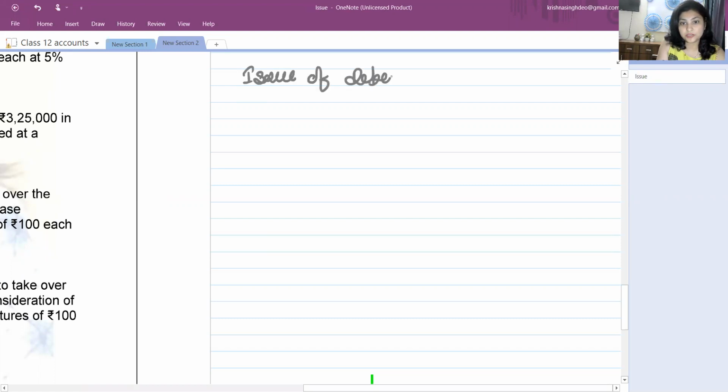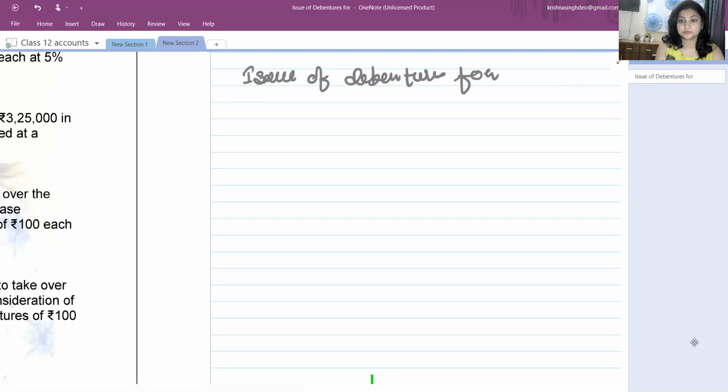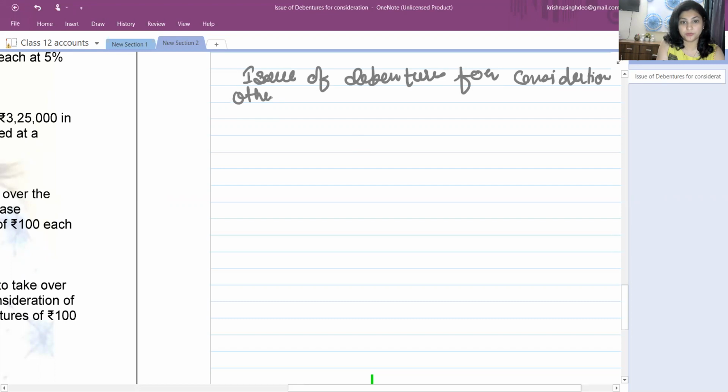Issue of debentures for consideration other than cash. This is what we were doing. Now, special cases.